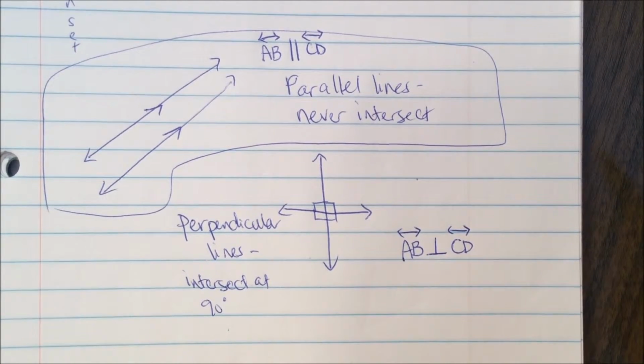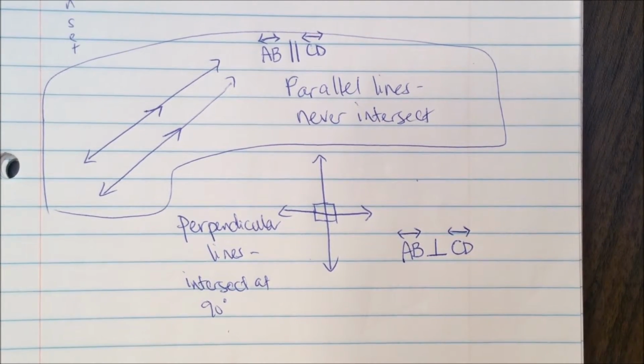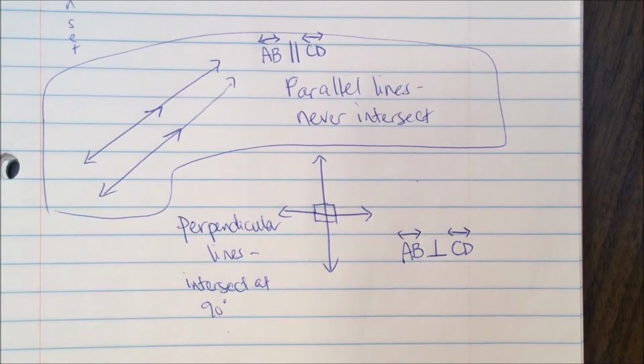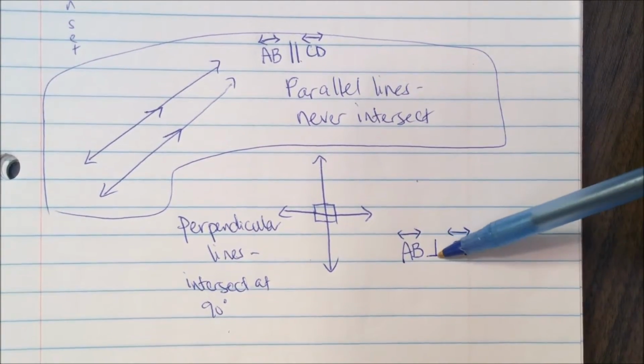And if you don't know the symbols, then it'll be very confusing. So make sure that you pick up on the symbols and you take notes and you try to memorize them. So parallel, perpendicular.